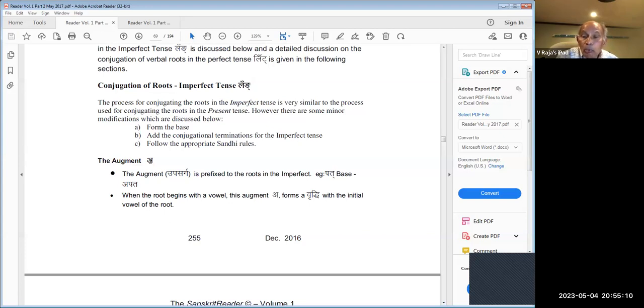You will see bhu is bhava. What is the pratyaya for lung, for third person singular? Takara, simple takara. If you look at the table, and what's the table?